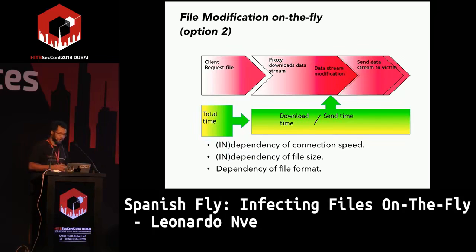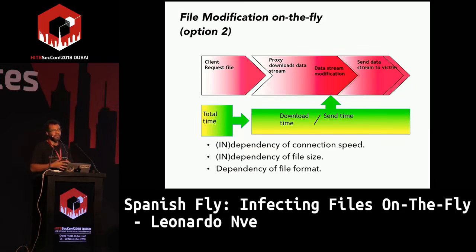What do I propose? This is the way an attacker has to do that. The client requests a file. The proxy starts to download the data stream of that file. The proxy must modify the data stream to infect the file and send each data stream in the same way to the victim. Now you still have a dependency on the connection speed, but the client will see the file downloading.